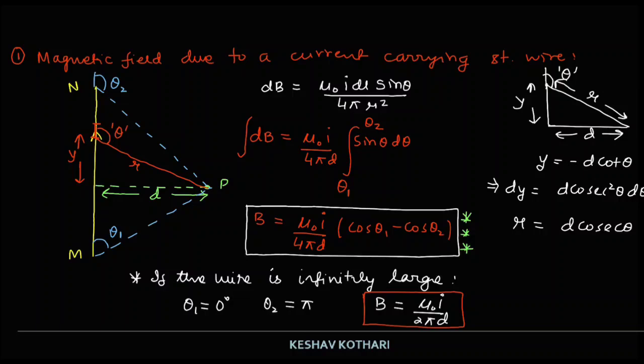So in the next derivation which we will be doing, we are calculating magnetic field due to a circular arc. So we are finding magnetic field due to a circular arc.